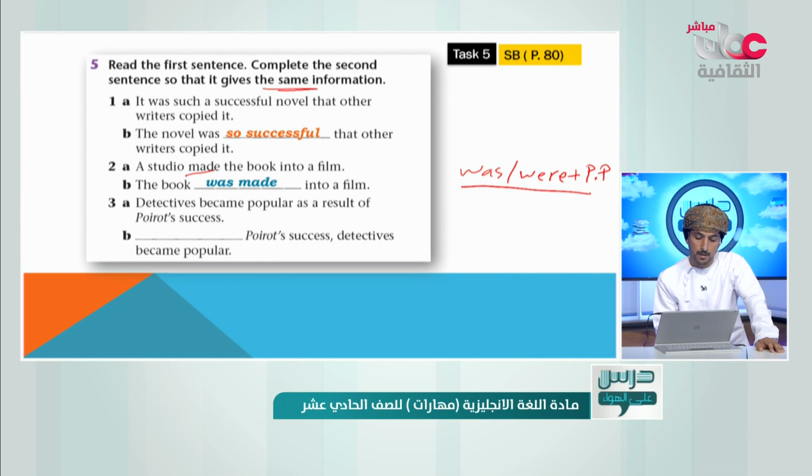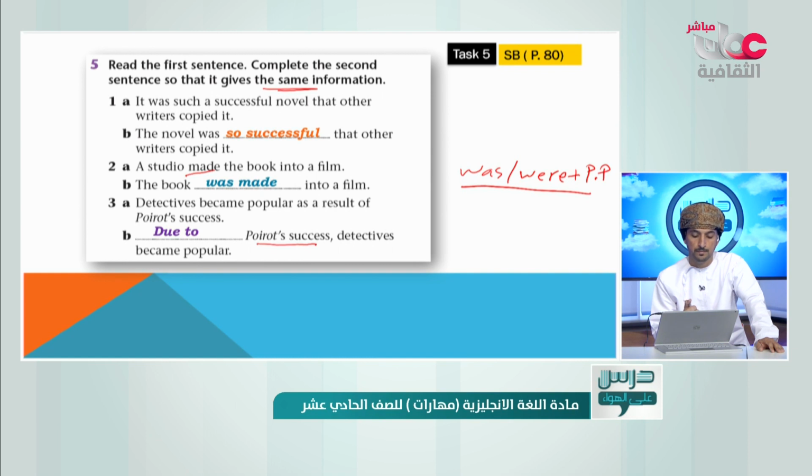So what do you think? Poirot's success, detectives became popular. We have here cause, and we have got here a noun phrase. So what is the best thing to use here? I think you remember from the previous question, we have got here due to.